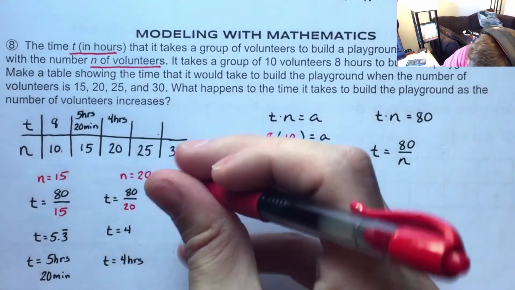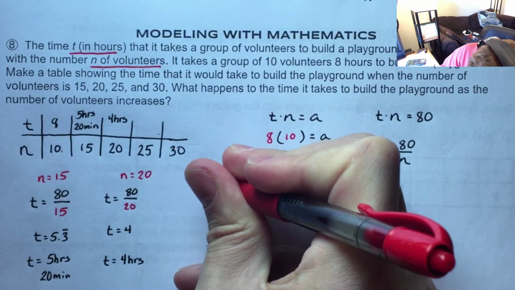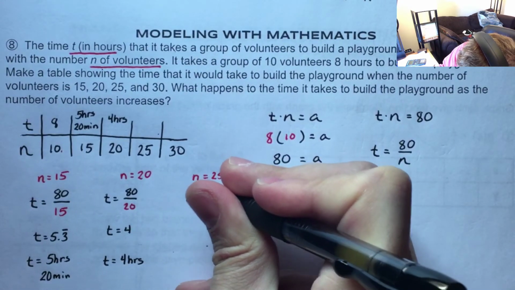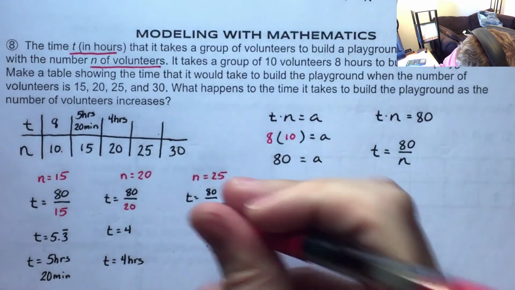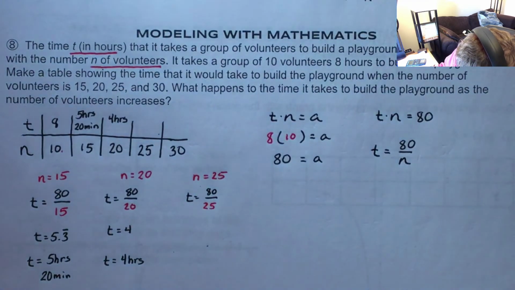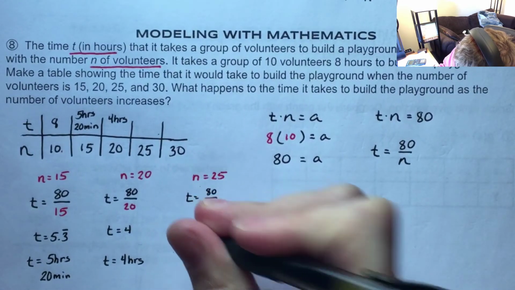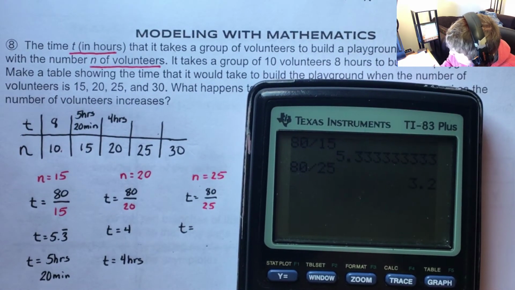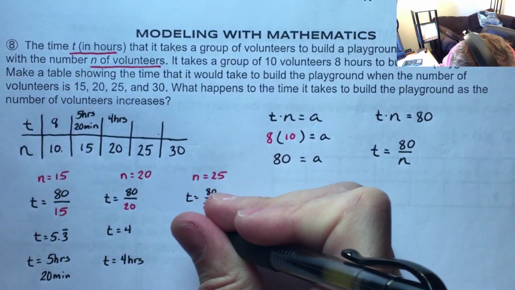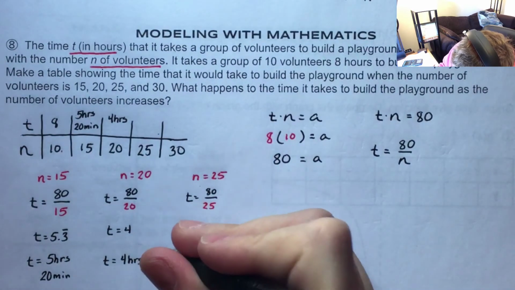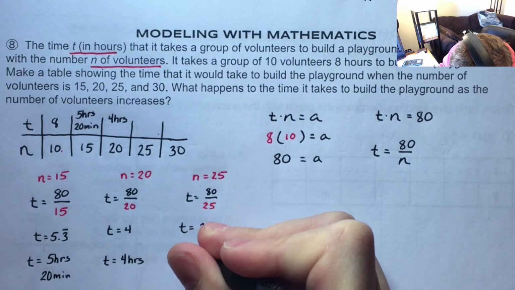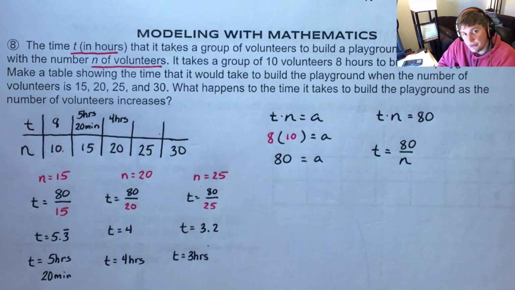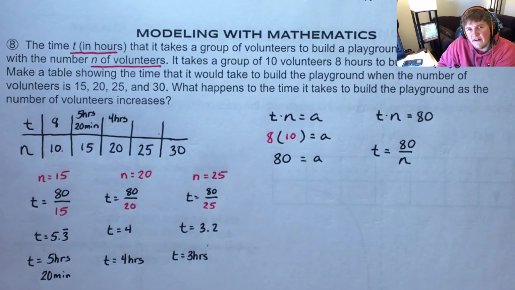Same thing. We're going to plug in n is 25. So that means my time is equal to 80 divided by 25, which is just 3.2. So we know that it's 3 hours, and we have to think about how many minutes. 0.2 is a fifth.